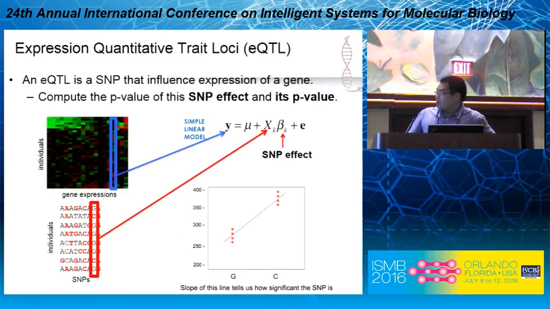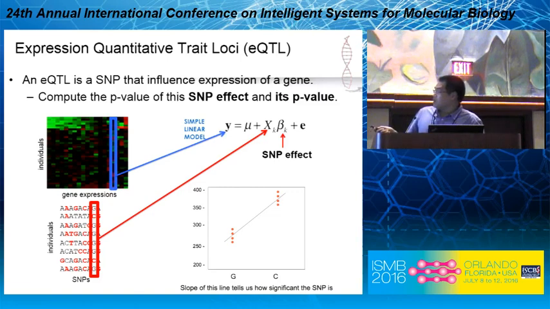Here's an example. Suppose you are given this data. This is the gene expression of many individuals, so here you have many genes. This is the SNP data. Suppose you want to find out if the SNP in red is an eQTL with respect to the gene in blue. What you would do is fit a very simple linear model where Y is the gene expression and X is the genotype of the SNP in red.